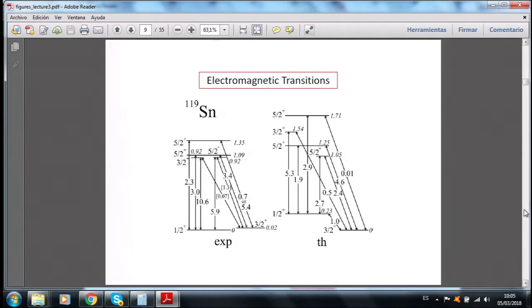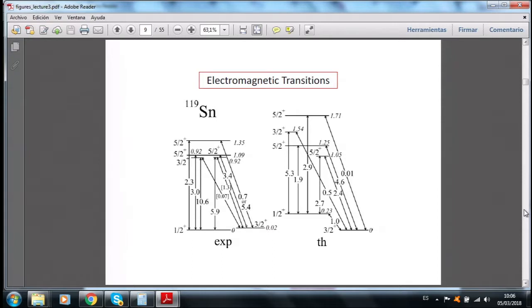If you did just a BCS calculation or a Hartree-Fock-Bogoliubov calculation, all these numbers would be 0, because you have neutron quasi-particles, and neutrons are not charged particles. So there would be no electric transition from the neutron quasi-particles to the other neutron quasi-particles.